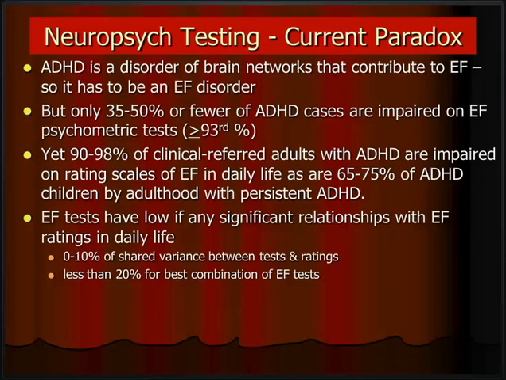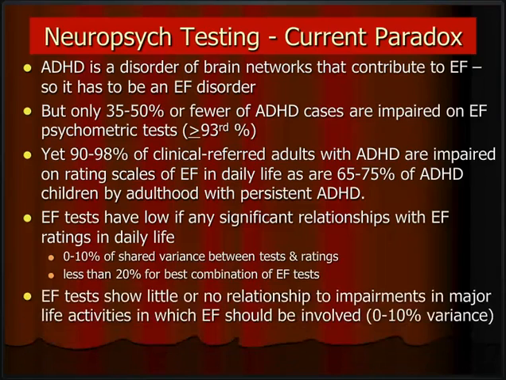Indeed, correlational studies indicate that these two methods of assessing executive functioning share less than 10% of their variation, which means they're really not measuring the same thing at all, even though they claim to be. And indeed, if we take the best combination of executive function tests, they share less than 20% of the variation with the results from executive function ratings. So whatever these two methods are assessing, they're clearly not assessing the same thing.